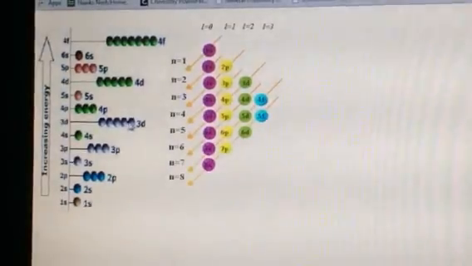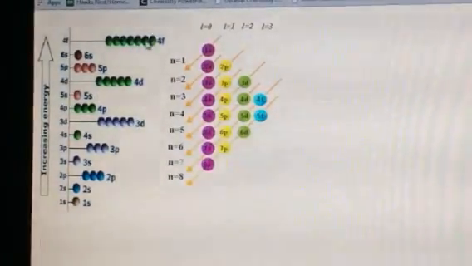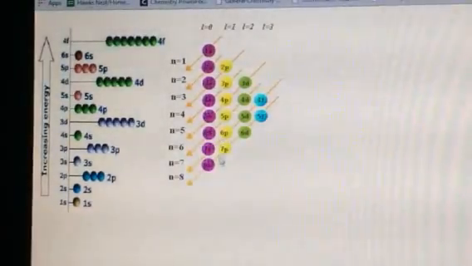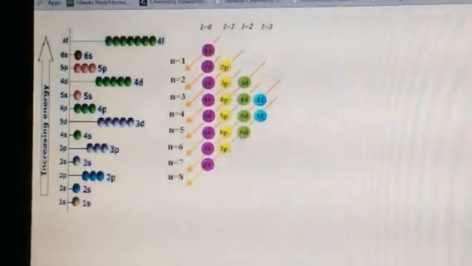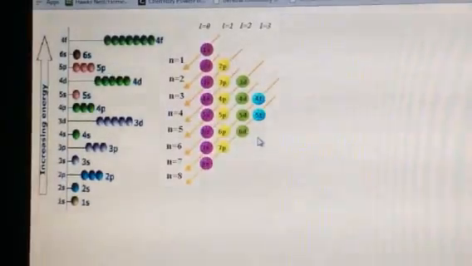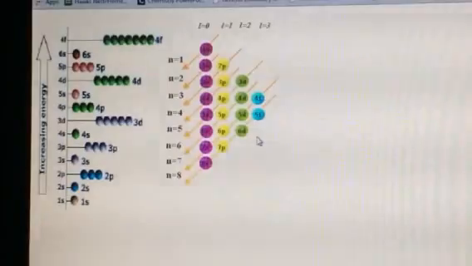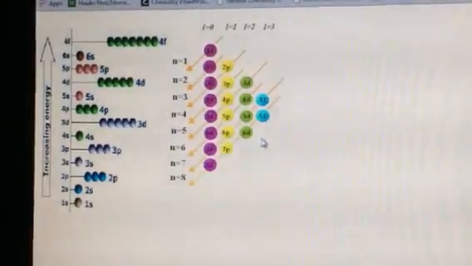We're going to go all the way up to 4f orbitals, and you can see here it goes all the way up to 5f orbitals, and 7s and 7p. We're going to use those, but very, very sparingly. I'll show you how to figure out electron configurations using the periodic table.